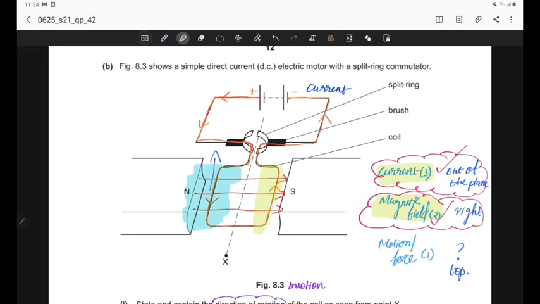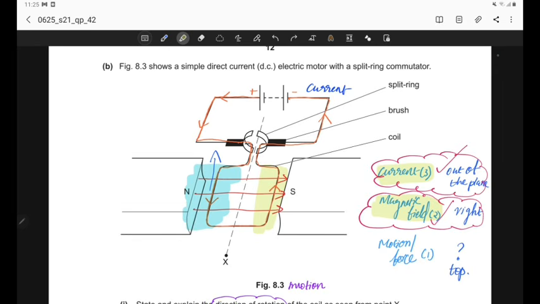Now we can look at the other side of the coil where the magnetic field line still indicates towards right, but the current is changed. Initially it was out of the plane, but now you can see the current is moving into it. So again we can keep our left hand accordingly, where the second finger should point towards right, but the current finger should point into the plane of the paper or away from your face.